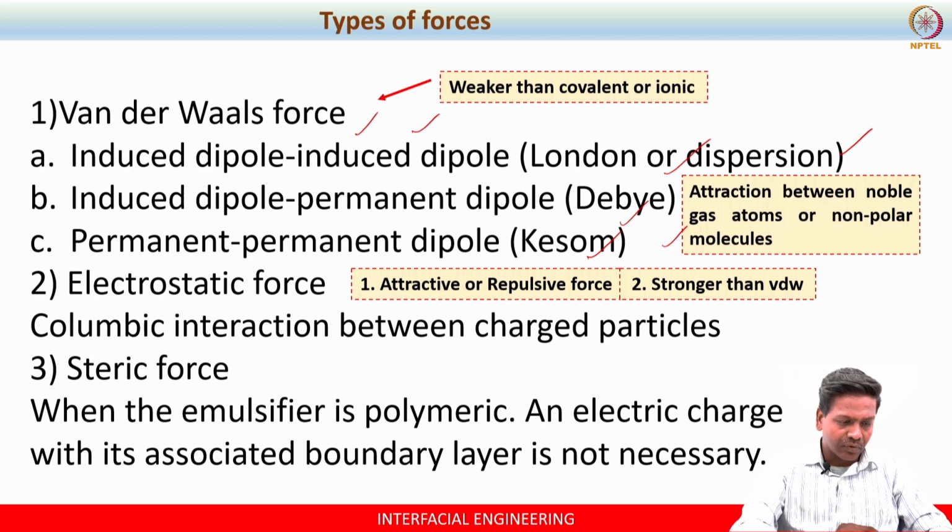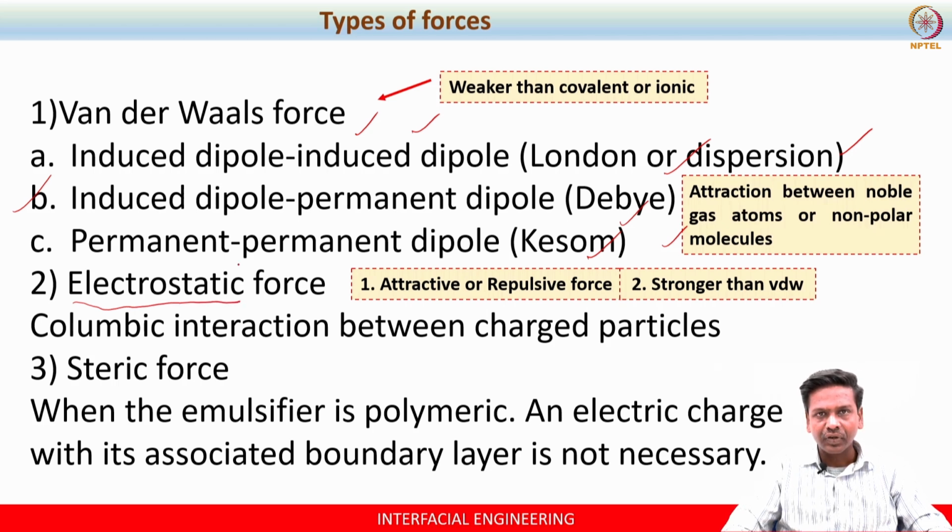So apart from van der Waals forces, we also have electrostatic force, and we will also be dealing with it. As the name suggests, this electrostatic force is a manifestation of Coulombic interaction.